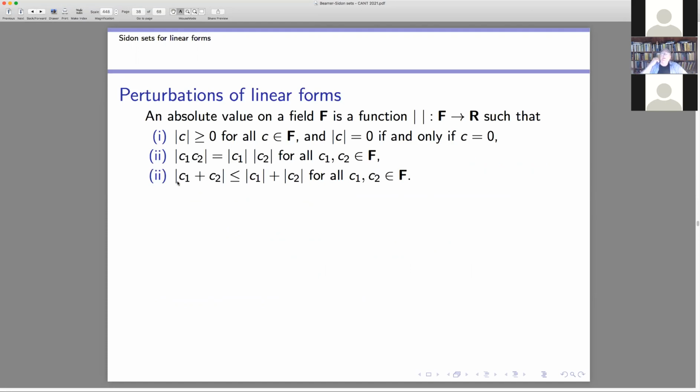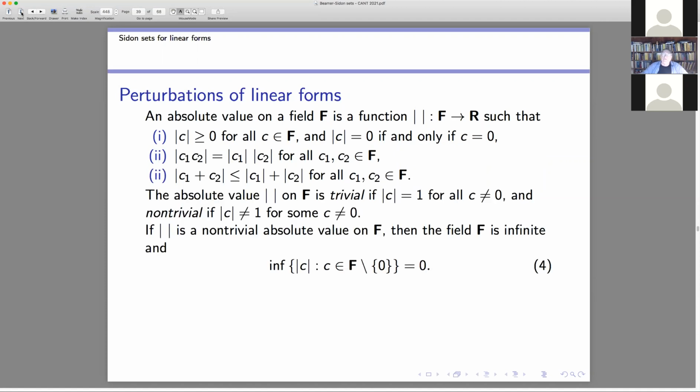Now you can ask lots of things. For example, how common are Sidon sets? So let's say you have a field with an absolute value. It can be the usual absolute value on the rationals, the reals or the complexes, or a p-adic absolute value, just some function that is non-negative and multiplicative and satisfies a triangle inequality, the usual definition of an absolute value on a field.